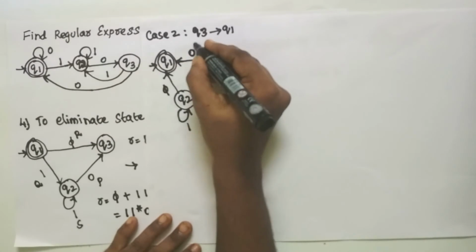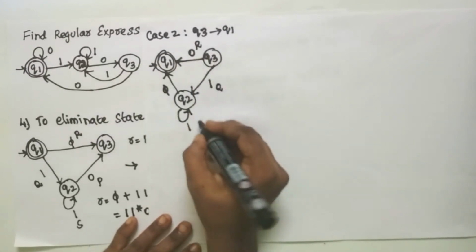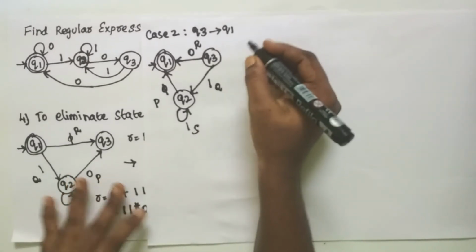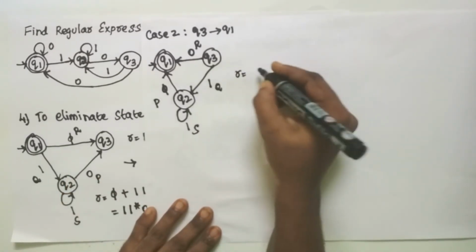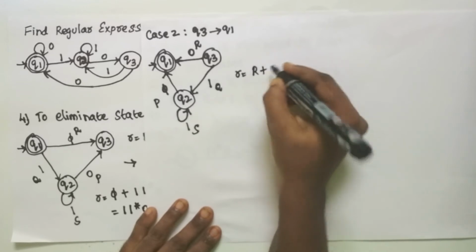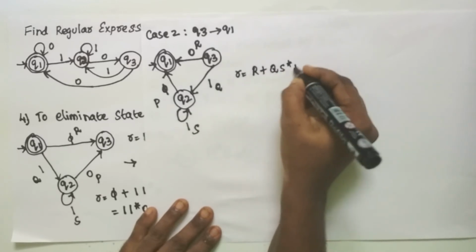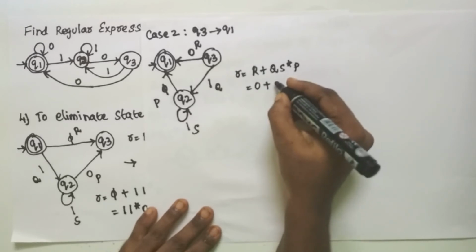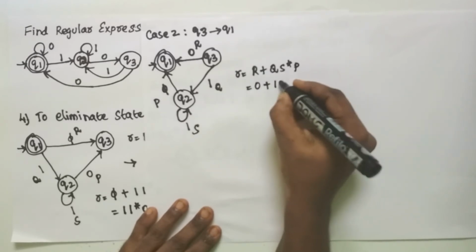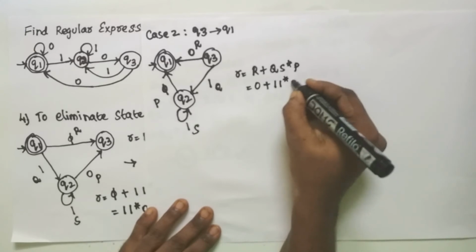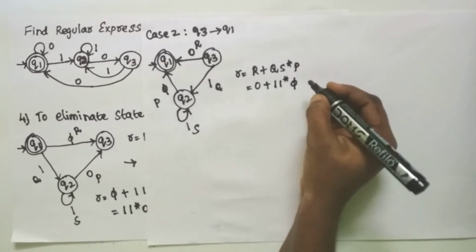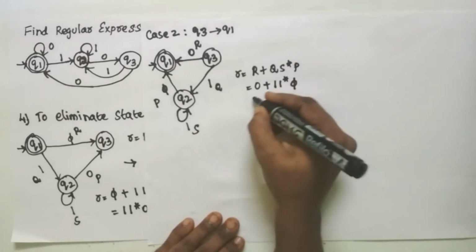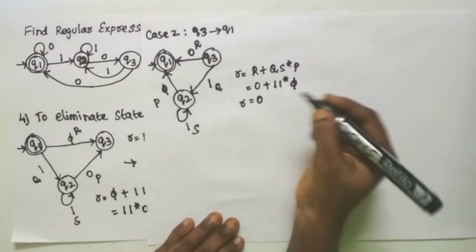Now it is R, it is Q, it is S and it is P. So here you will have R will be equal to capital R plus Q into S star into P. So 0 plus S star, Q is 0 plus 1 into 1 star into you will have pi. So pi into R will be only pi. So you will have only 0 as the answer.